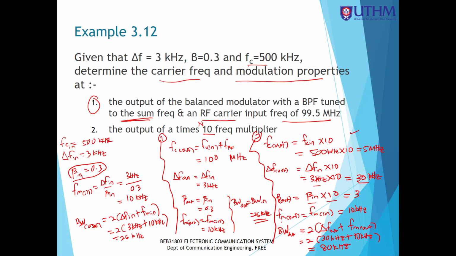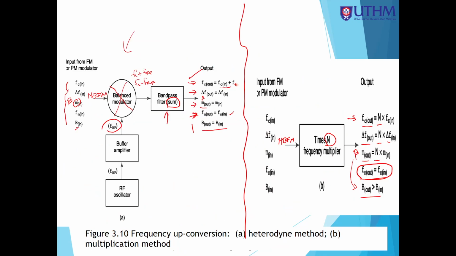Fm out is equal to Fm in, no change, which is 10 kilohertz. Only the modulating signal frequency does not change in the multiplication process.